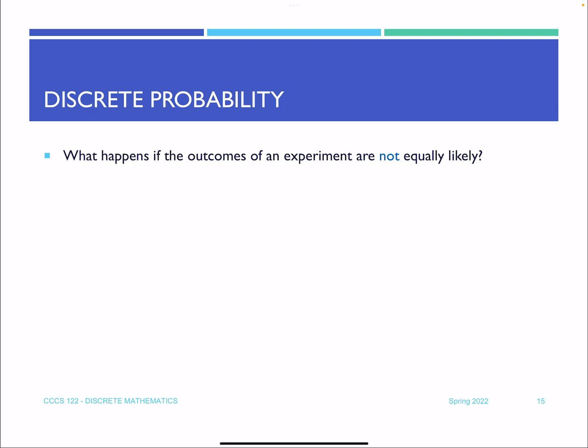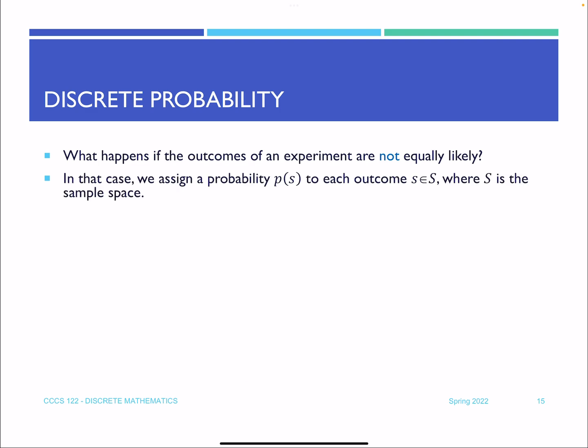Now, what happens if the outcomes of an experiment are not equally likely? In that case, we assign a probability function to each outcome in the sample space S, and two conditions have to be met. First of all, each probability has to be between 0 and 1.